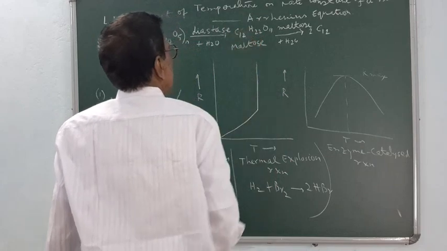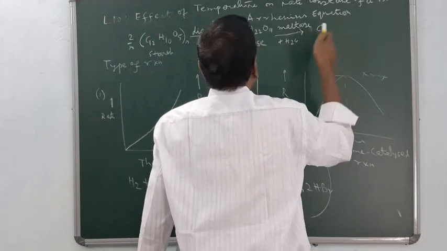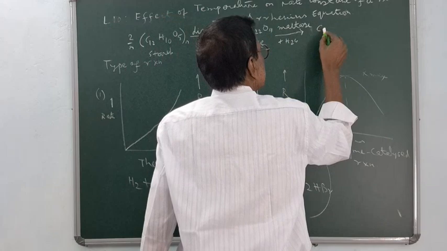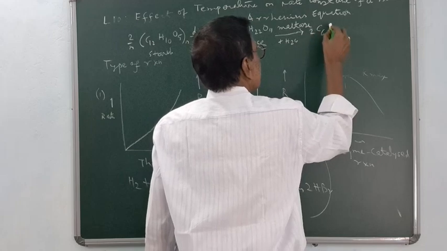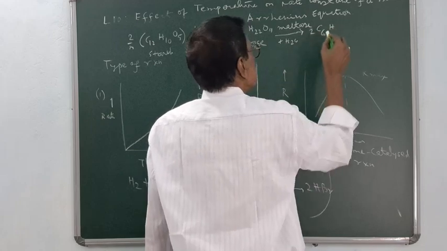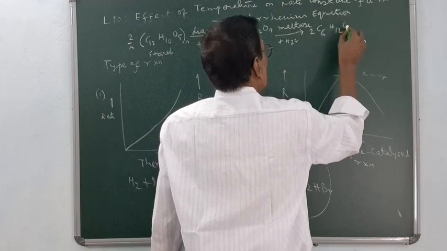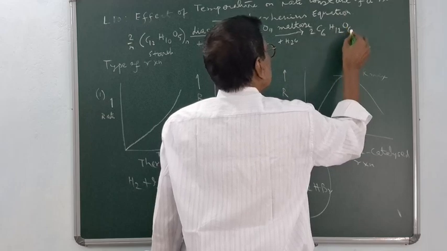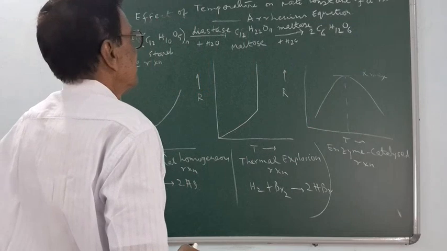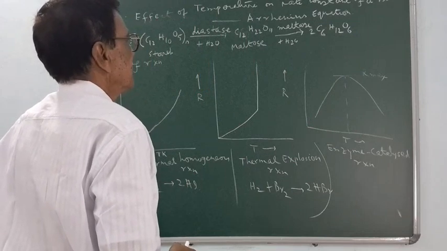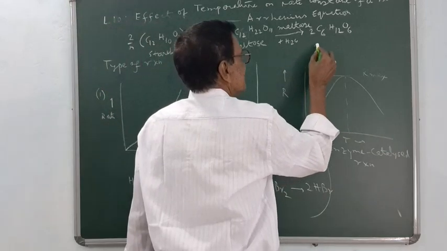Carbon remains same. So it is the 6, twice, H 12 O 6. 11 and 1 is 12, so 12, and it is glucose.